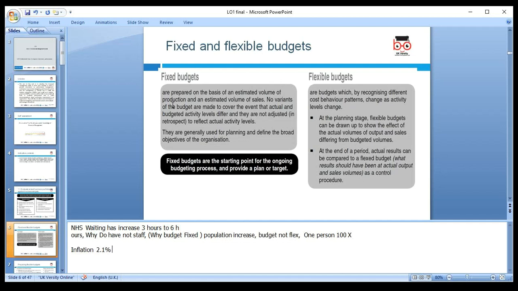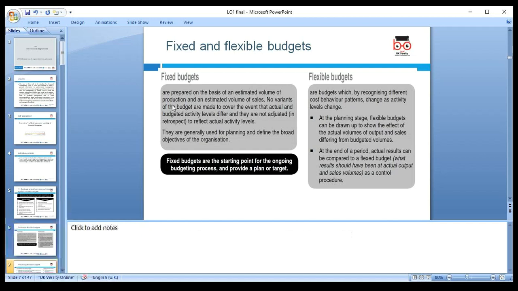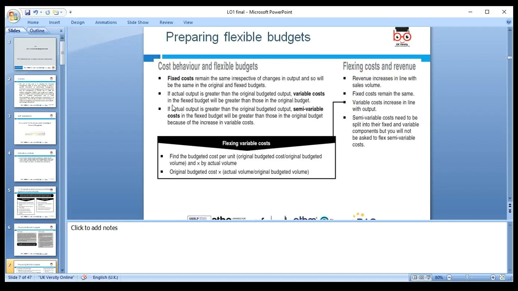Overall in the UK, according to the ONS, the Office for National Statistics, we can get the figures from gov.uk. We can look at these because they will affect our budget.